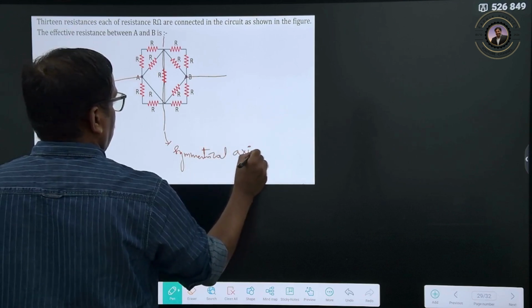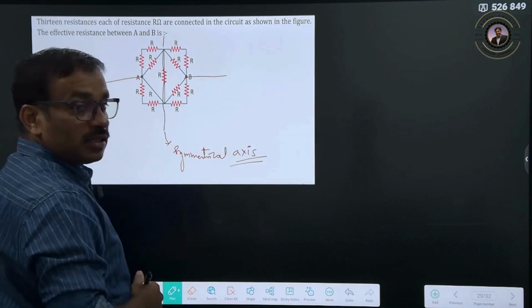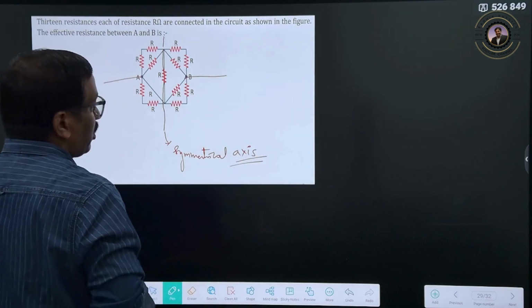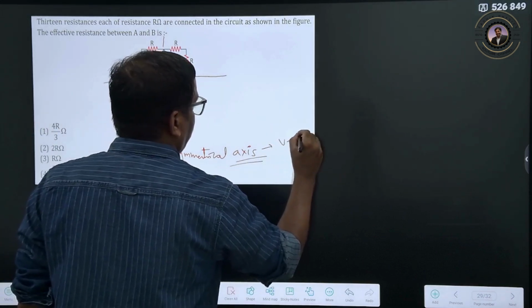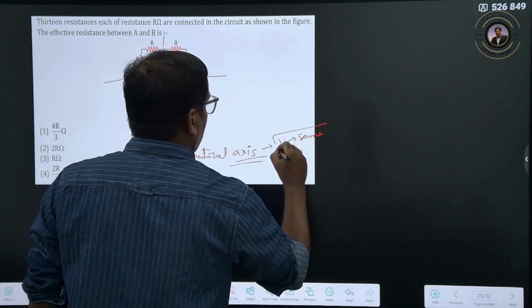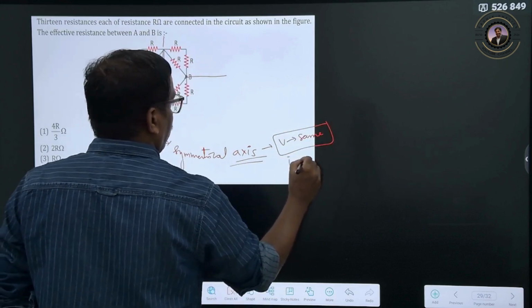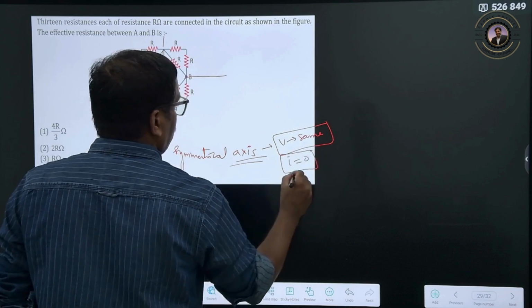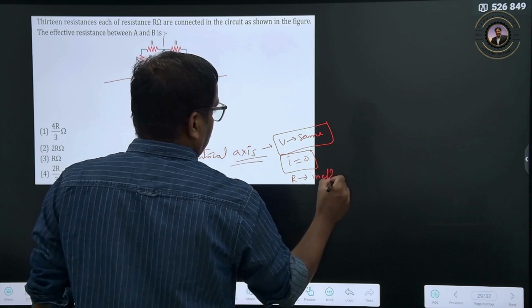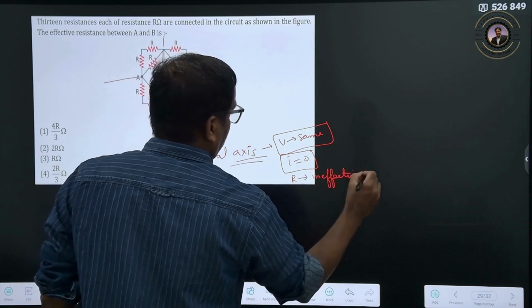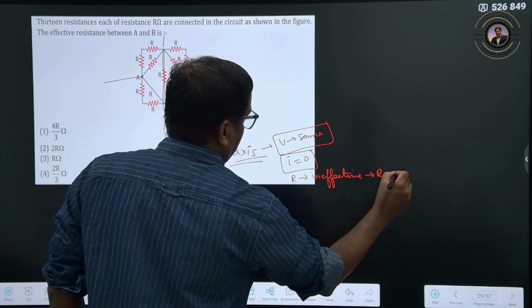axis here. In any circuit, if the resistances are symmetrical, their potential will be the same along the symmetrical axis. Therefore current passing through this one will be 0. So the resistance is ineffective, which means we can remove it.